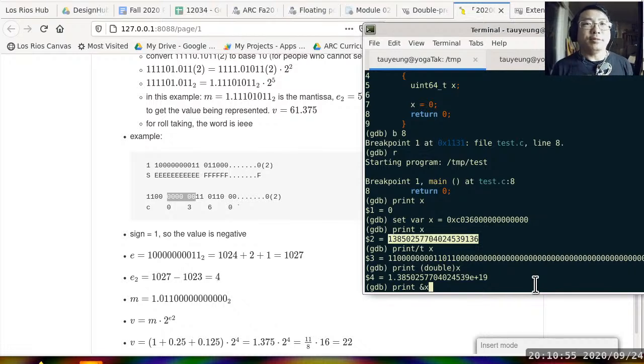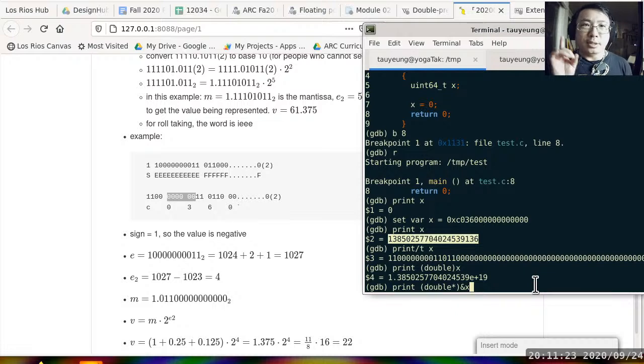Whenever you have an address, you can do a typecast on the address itself. So now we say double, oops, double star. So what is this doing? We have to read from right to left, which is kind of awkward when we do programming in C and C++. So x is an unsigned 64-bit integer.